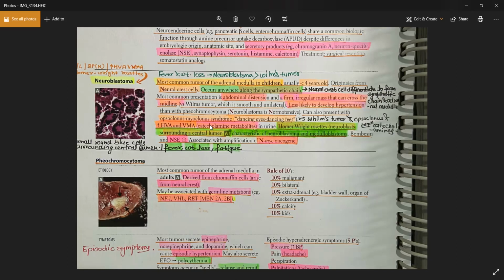Is there any difference between neural crest cells and neuroendocrine cells? Neuroendocrine cells are those cells which have common features of both the neural and the endocrine cells.